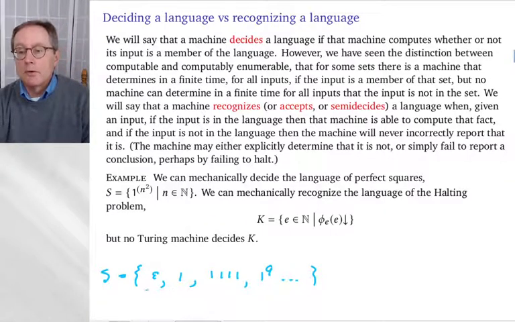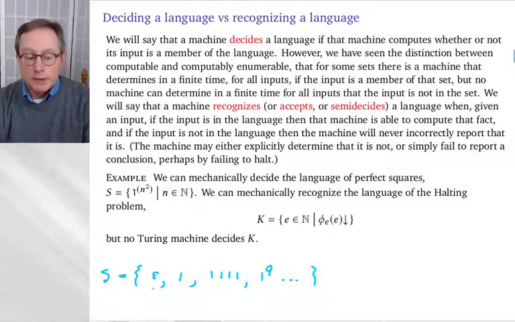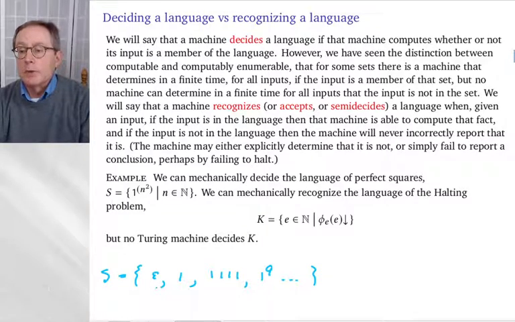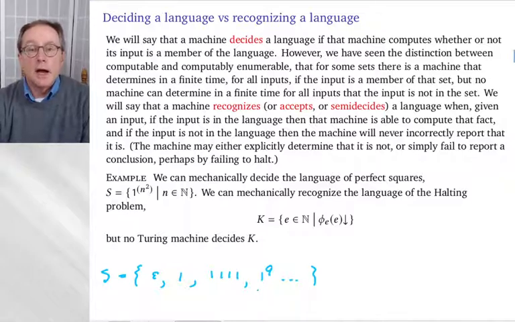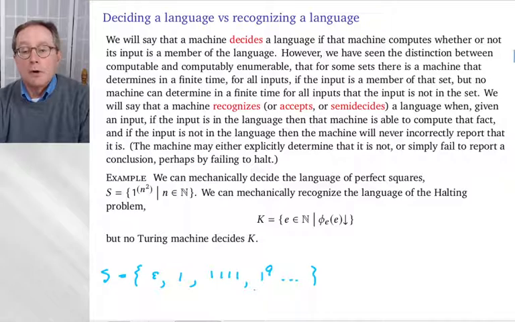There are, however, as computably enumerable tells us, sets where the machine sees the input and correctly recognizes things that are in the set. But if you give it something not in the set, the machine is simply not able to correctly recognize it's not in the set. The machine will never incorrectly think it is, but it is not able to respond by saying this is not in the set.